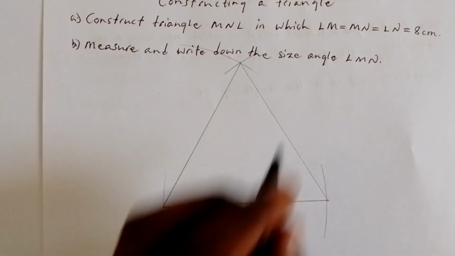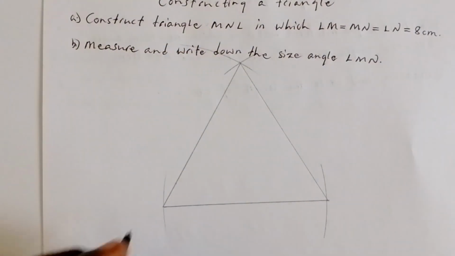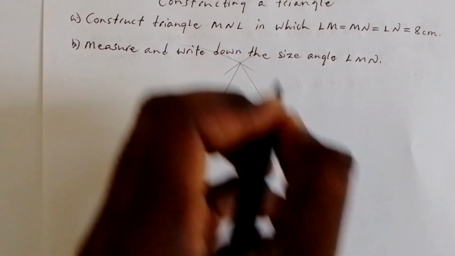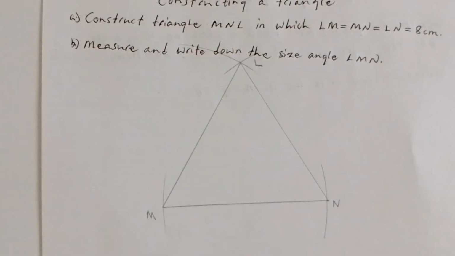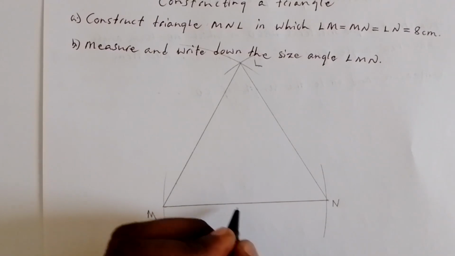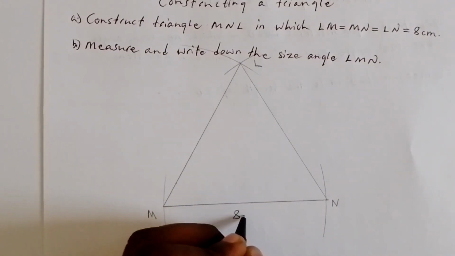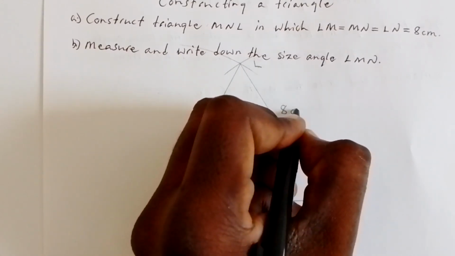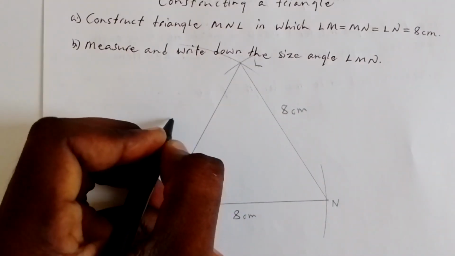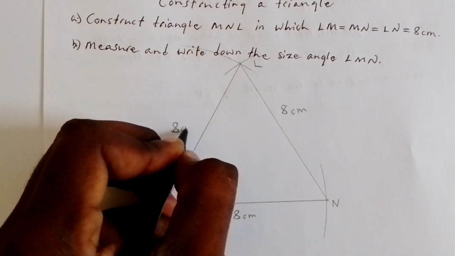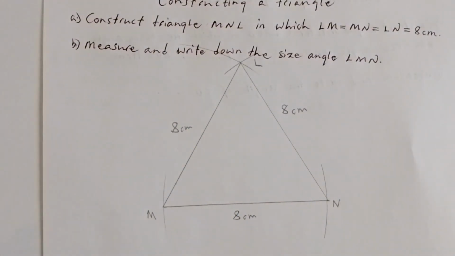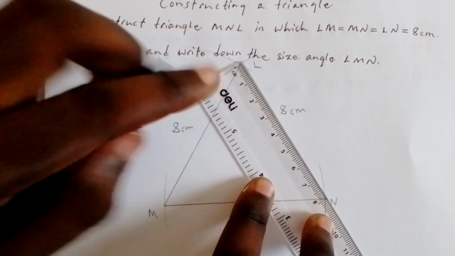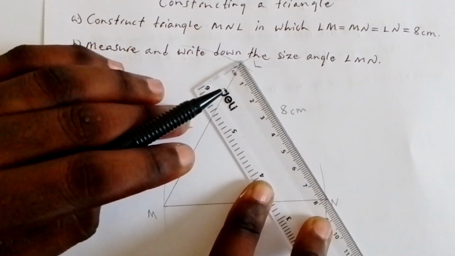Okay, so M and L. So if you want, you can say M and L like that. Each one of these is equal to 8 centimeters. So there is 8 centimeters. Even here is also 8 centimeters. Equally, this side is equal to 8 centimeters. Even if you measure, that's what you find. So from here to there is 8 centimeters.